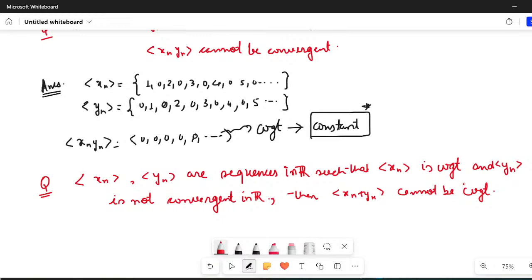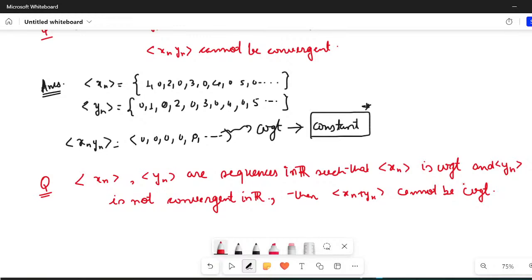Okay, so if this is the question, let me solve it for you. What is given? If xn and yn are sequences in R and xn is convergent and yn is not given to be convergent, then xn plus yn cannot be convergent. Is it true or false?